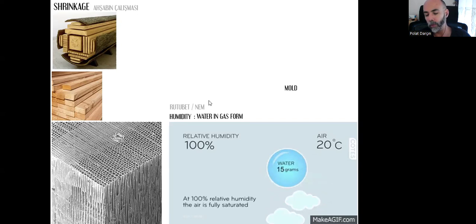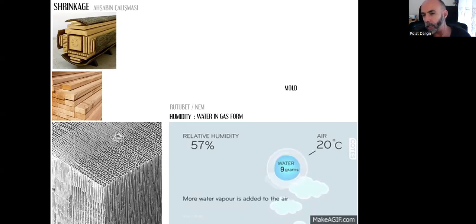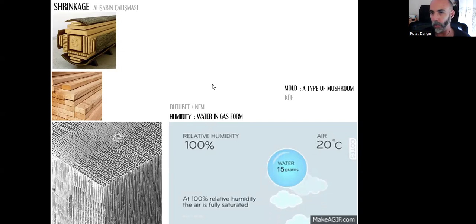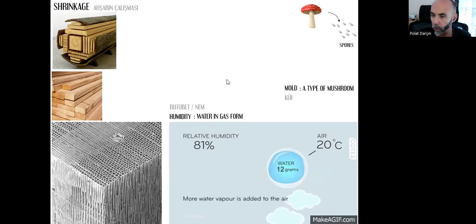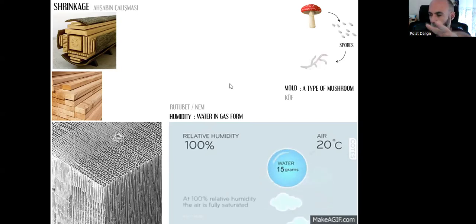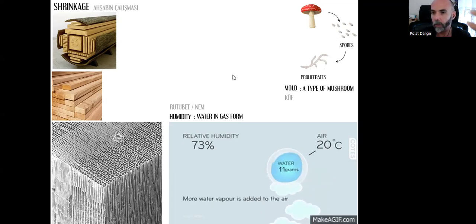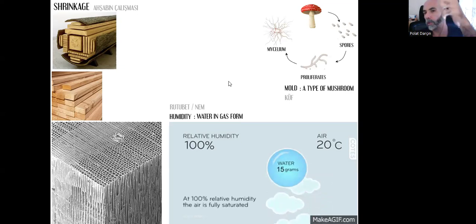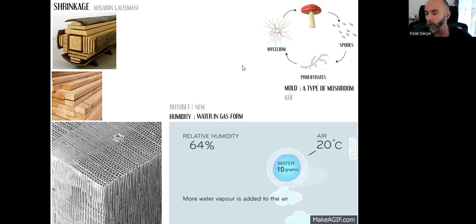Please be aware that it's not the same as mold. Humidity is the water in gas form. Mold is a living organism. It's a type of mushroom. As you know, this is the classical mushroom that we are all familiar with, and it has spores, and once the spores have appropriate conditions, they start to proliferate, and they create this mycelium, which will turn into a new mushroom.